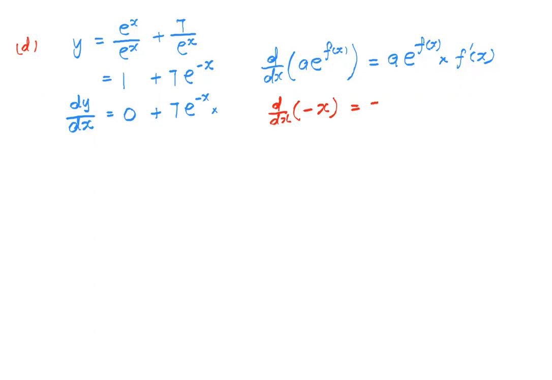So I put the -1 here. So now you understand? I purposely write this to tell you how I get the -1. In the exam, do you need to write? No need. You make sure you know how to do. So the answer for this one will be -7 e to the power -x.